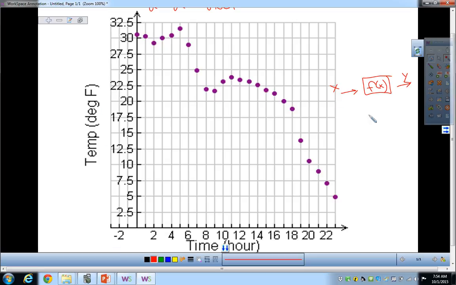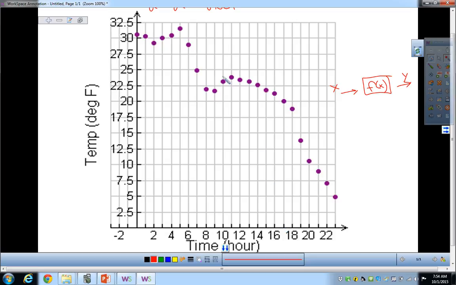One particular function here has time on one axis and temperature on the other. What appears to be happening to the temperature over time? It's going down.